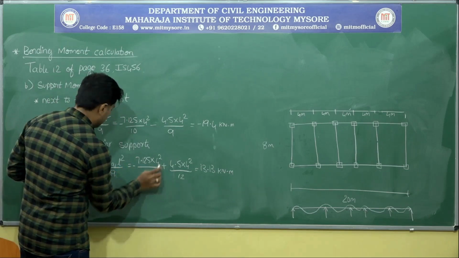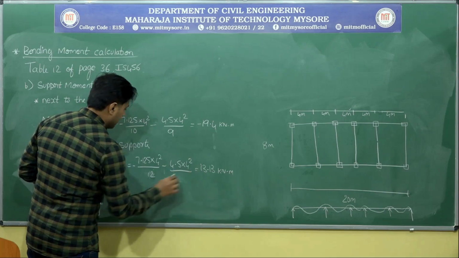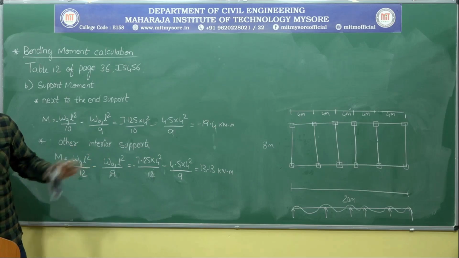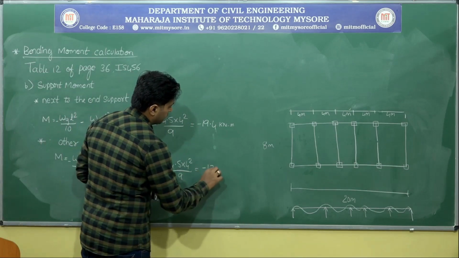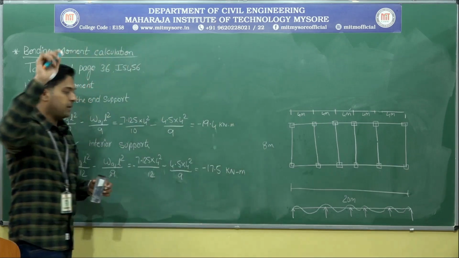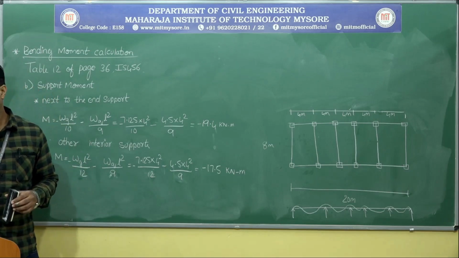So here also minus, instead of 16 it is 12, and here also minus, instead of 12 it is 9. After solving this we get minus 17.5 kilonewton meter.